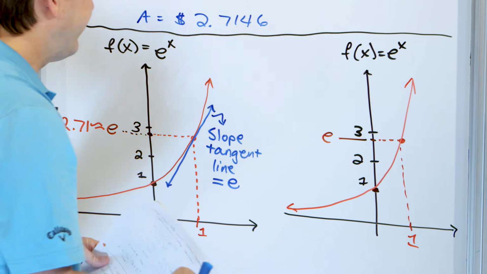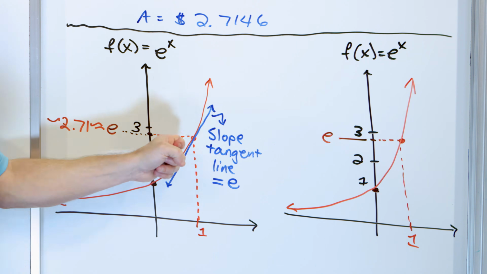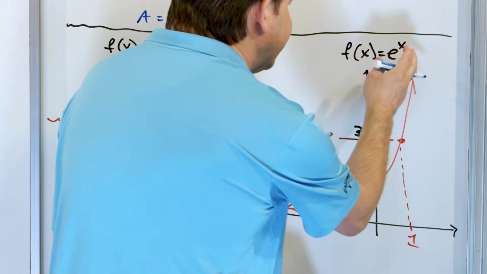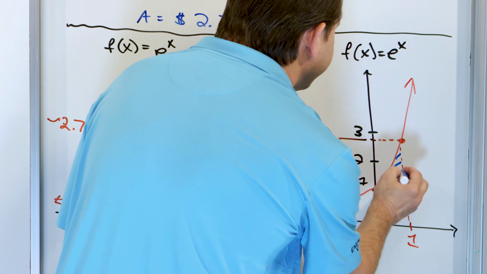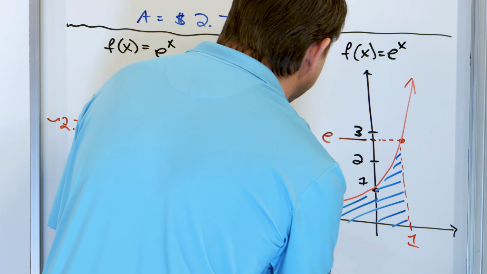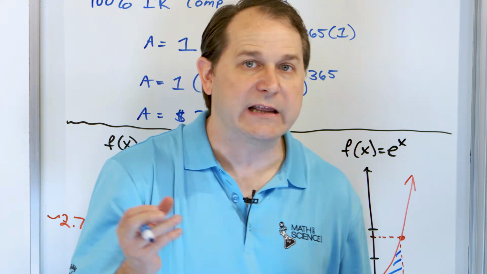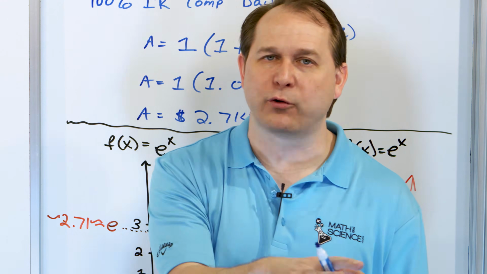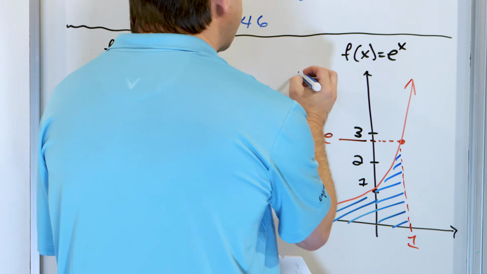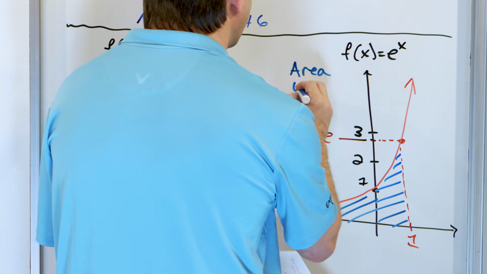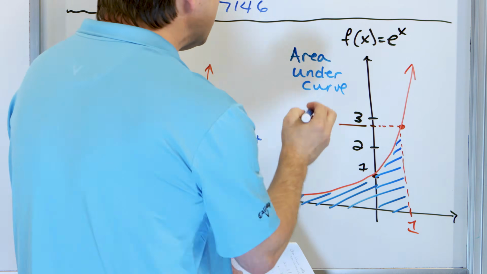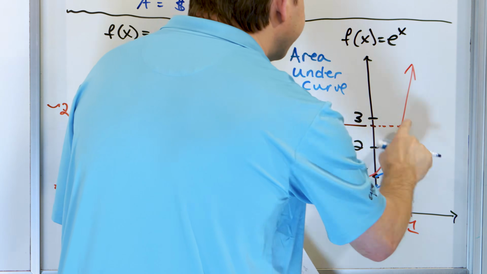Okay, another thing that's interesting about it, so the slope of the line that you get is equal to the value of the curve at that point itself. And also, if you look at this e to the x curve, the area under the curve, which is if I were to draw this thing and actually somehow physically measure the surface area, when I say the area under the curve, I mean literally if I could pour a bucket of paint and measure how many square centimeters were underneath the area of this thing up to this point, then what I would find is that the area under the curve up to this point right here is equal to the value of the point e.